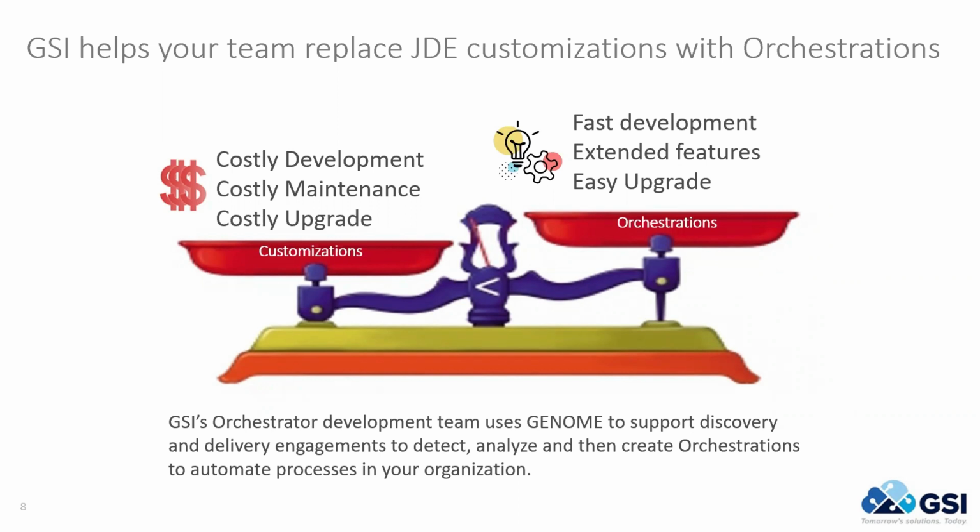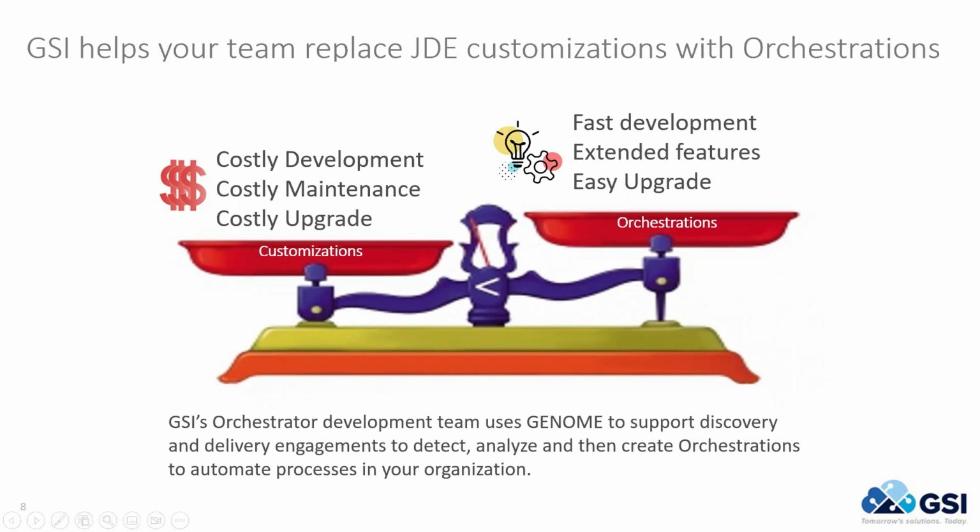So those become user-defined objects, which are then upgradable. They don't interfere as you go and try to stay code current or upgrade. So that really is an advantage to it. Every time you upgrade, you have to retrofit your customizations, stuff like that. Well, when you replace them with orchestrations, you don't have to worry about them anymore. They're easily upgradable and whatnot.